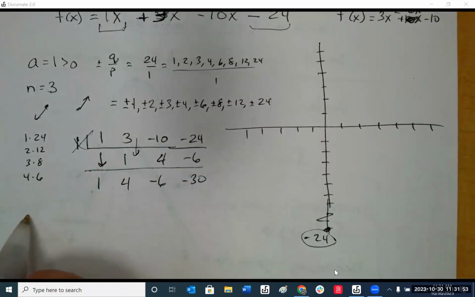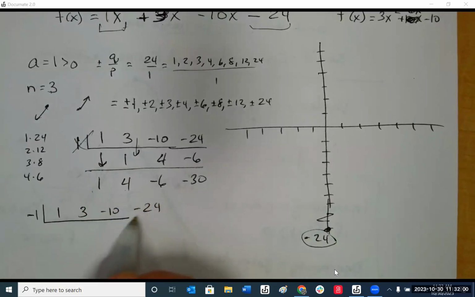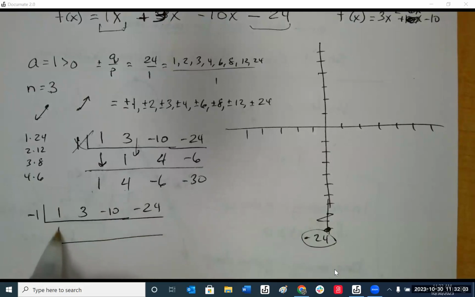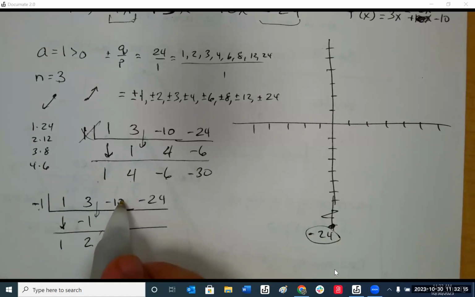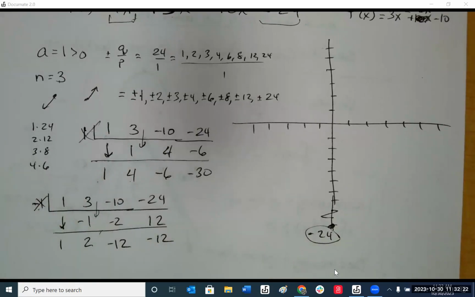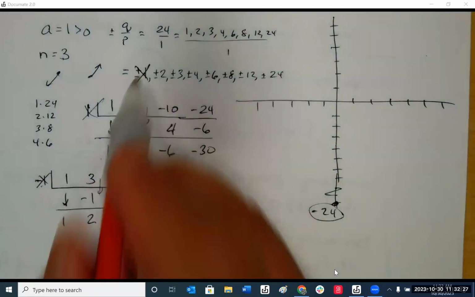Then we try negative 1. 1, 3, negative 10, negative 24. Bring down the first one. Negative 1 times 1 is negative 1. 3 minus 1 is 2. Negative 1 times 2 is negative 2. Negative 12, then positive 12. So negative 1 doesn't work.